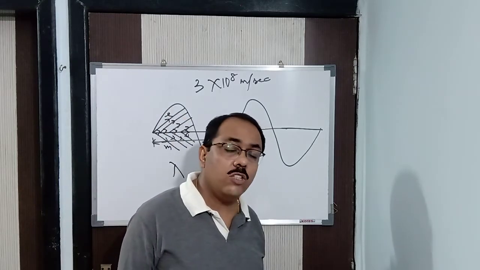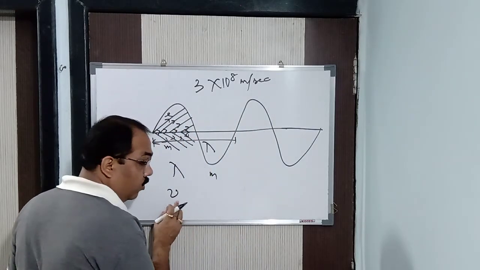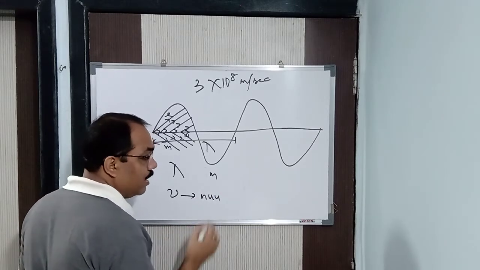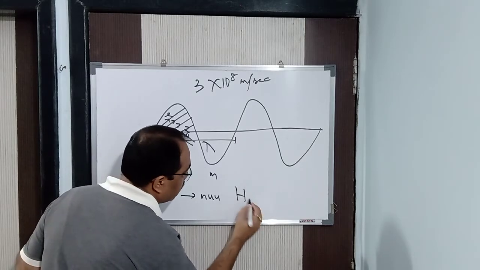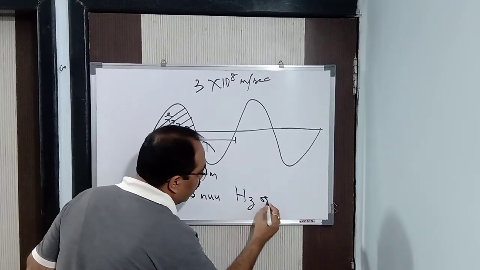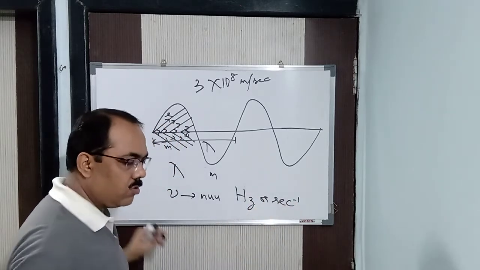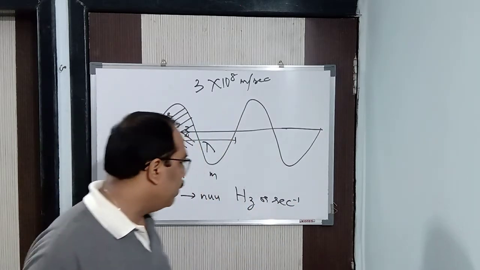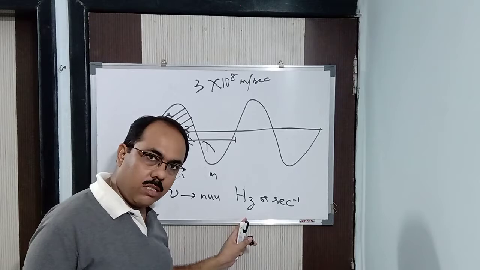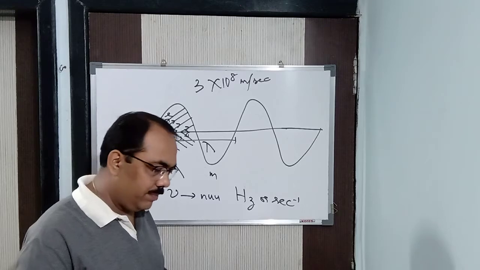The number of waves passing through a point in 1 second, so its SI unit is hertz, denoted with Hz, or we can say second inverse, or cycles per second. 1 cycle per second is 1 hertz, or 1 second inverse is nothing but 1 hertz. Hertz was the name of a scientist. The symbol is Hz. That is your frequency.